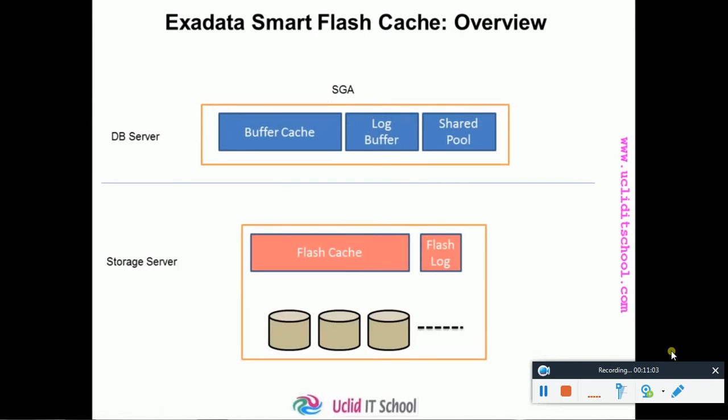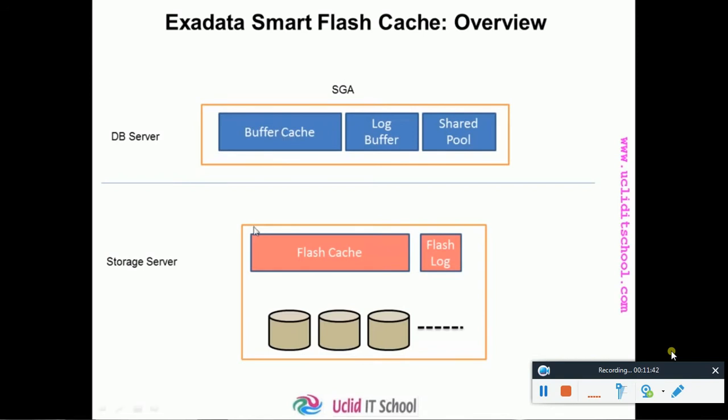So the flash cache is on the storage server, and it caches the recently accessed blocks of the table. And it is automatic. You don't need to do anything. Whenever you access a table block or blocks, those will be automatically cached inside the flash cache, and those blocks will be sent to the database server also, where they are again cached inside the buffer cache.